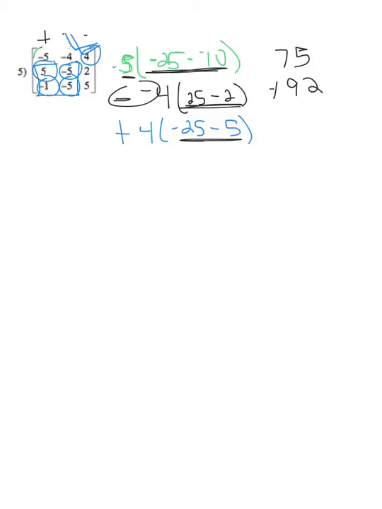And then here I've got -30 times 4, so that will be -120. Add all that up, it's 47. So the determinant of this matrix is 47. Okay, that's just the beginning.